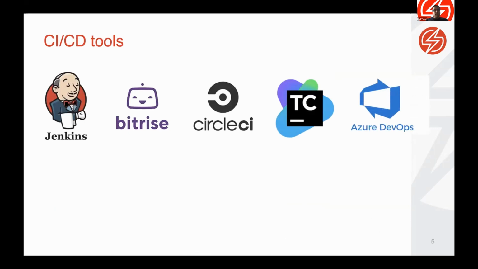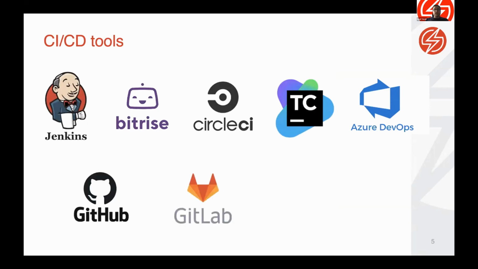And in the last few years, the Git tools GitHub, GitLab, and Bitbucket also include pipelines; for example, GitHub includes Actions. So you can also use Git to create a pipeline for the company.